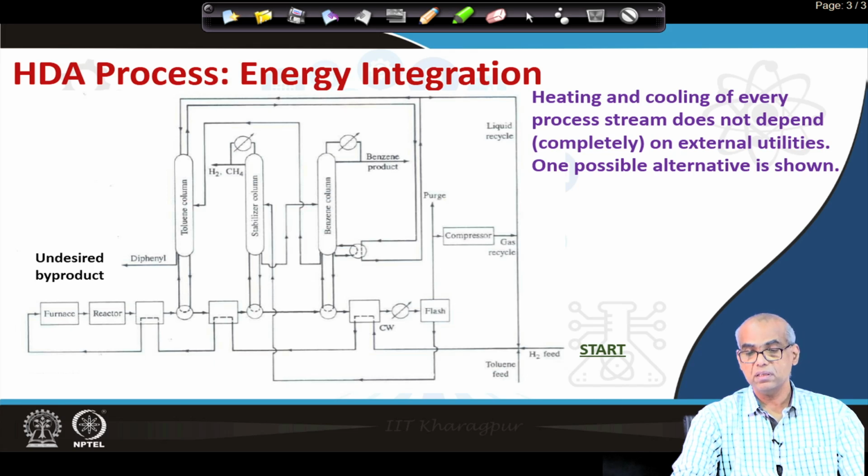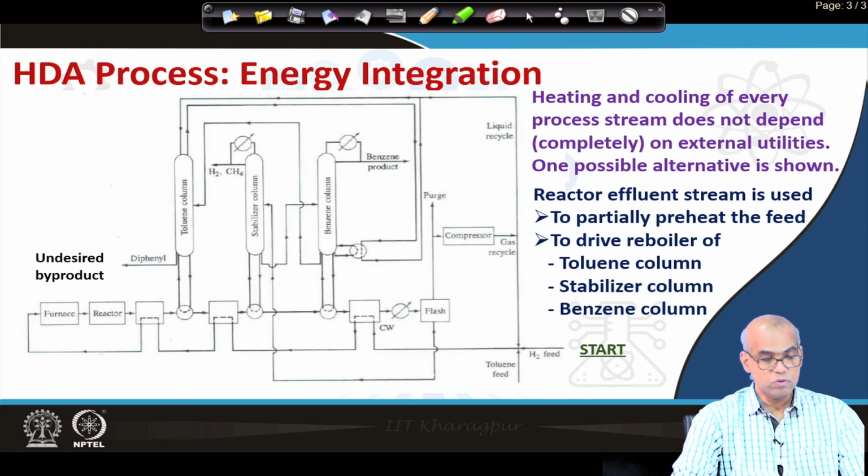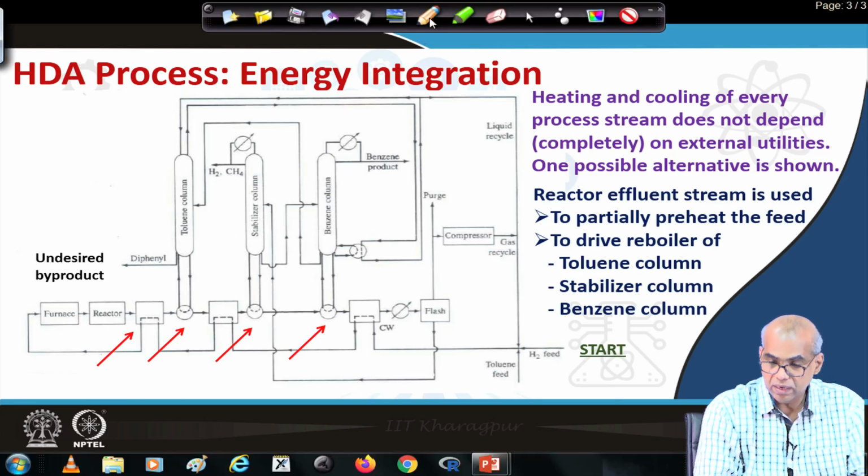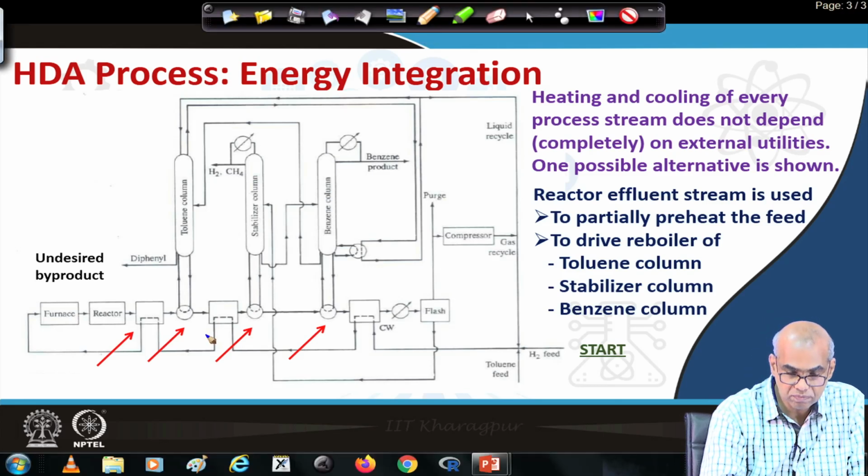One such possibility is shown on the screen. Here, if you see, the reactor effluent stream is used to partially preheat the feed.